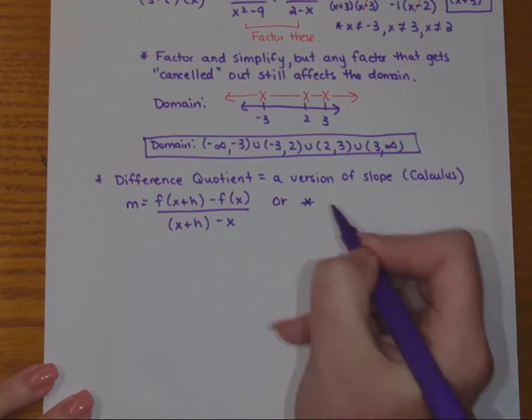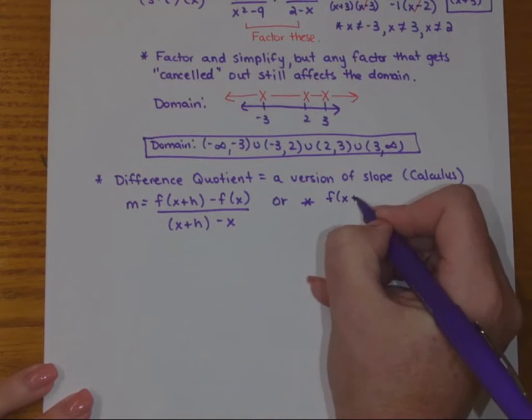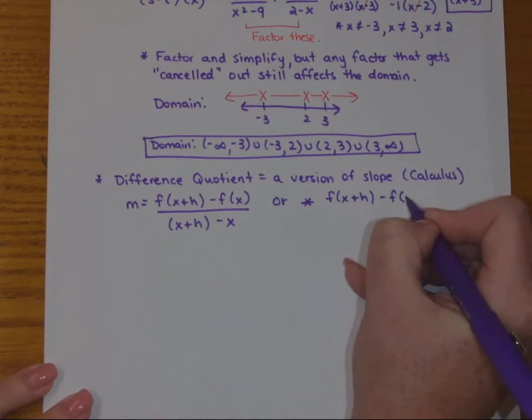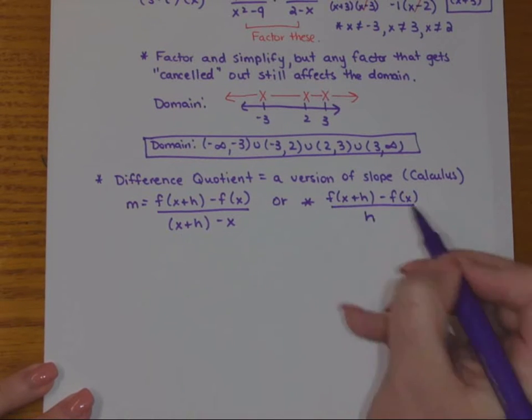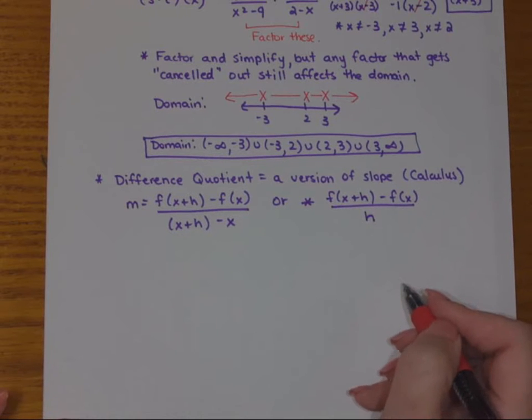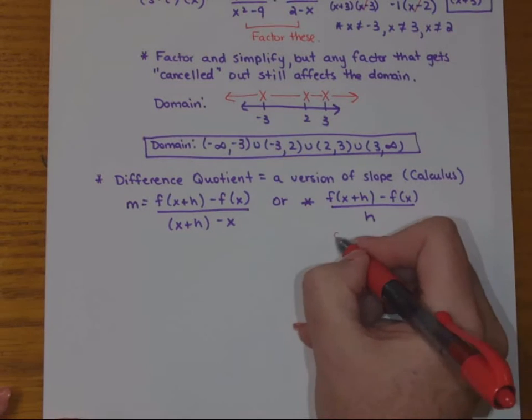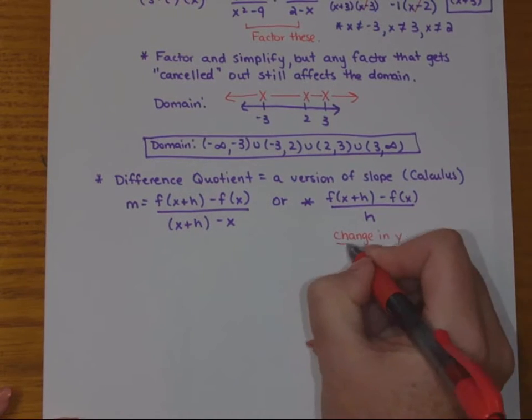And so the shortened version of this formula, it's called the difference quotient. Looks like this right here, and then they simplify the bottom. X minus x cancels out, and so you just get h. Okay, but all this is just a version of slope. This is still a change in y over a change in x. It's just a little fancier than we're used to.